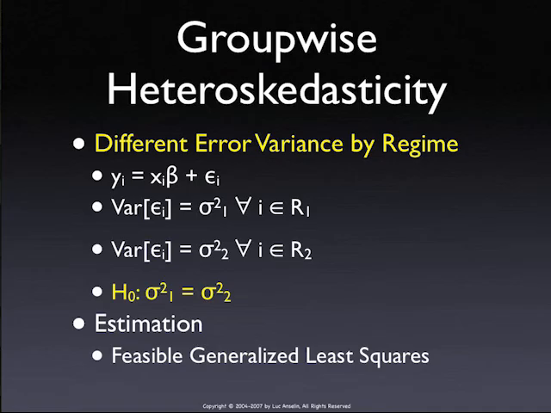The argument for asymptotics by regimes works very well in a panel data set. Say you have a cross-section in one year, a cross-section in another year. You can think of each of these cross-sections, especially if they're the same counties or the same states, as having their own asymptotics in the cross-sectional domain.